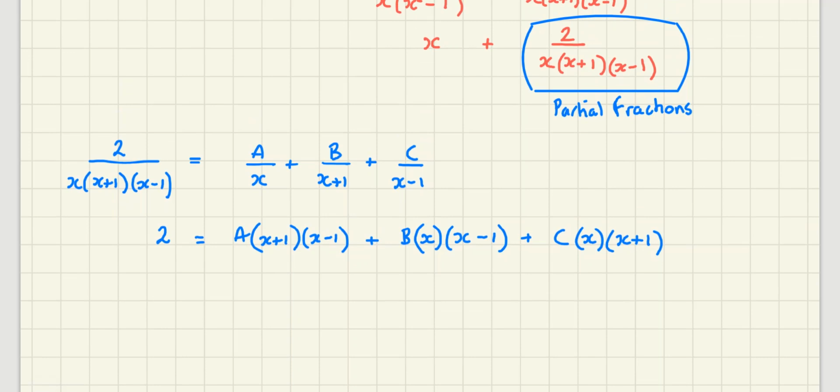Well, if you'll notice, if I pick a value of x being 0, that wipes out b and c. So I then get 2 equals 0 plus 1 is 1, 0 minus 1 is minus 1. So that gives me minus a, so a is minus 2.